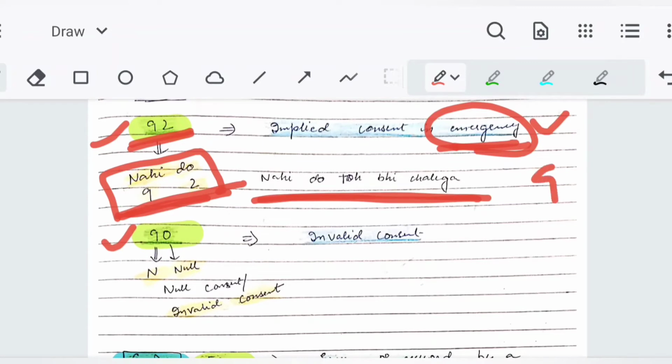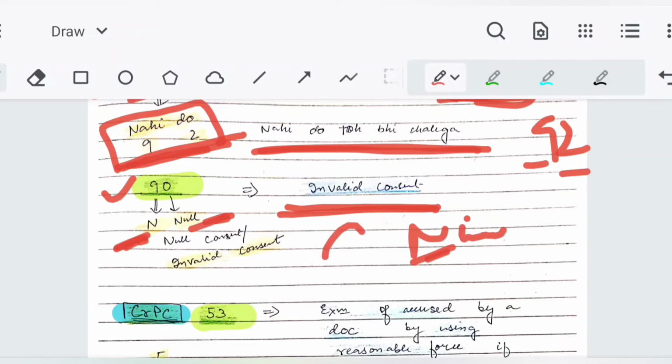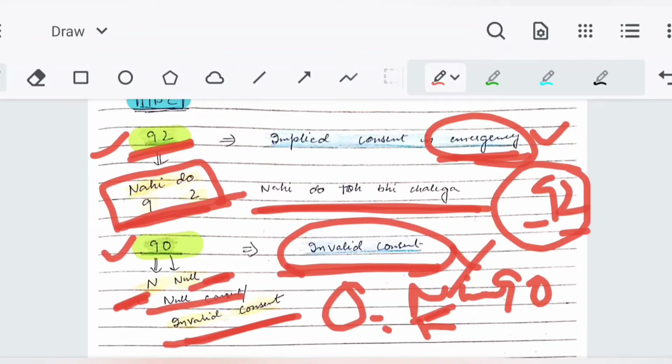Okay, so 92 is "nahi do", and 90 is invalid consent, that is N and null. No is for N, 9 for N, and 0 is null. So null consent or invalid consent, that is, the consent is nullified. So invalid consent is 90 and "nahi do" consent is 92, that is during the emergencies.